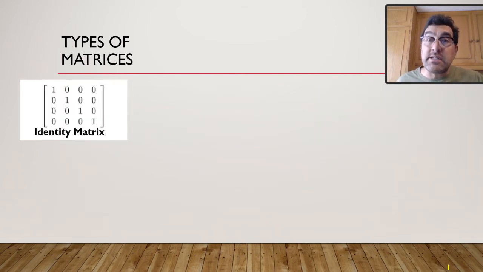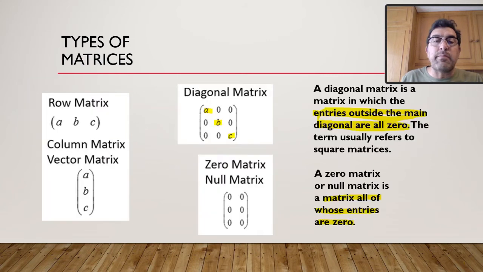An identity matrix is something else. An identity matrix is a matrix with entries on its diagonal. Remember, the diagonal matrix had entries on its main diagonal, everything else is naught.